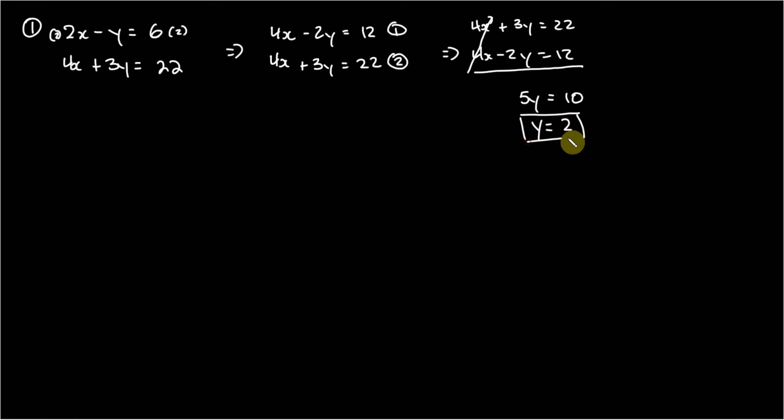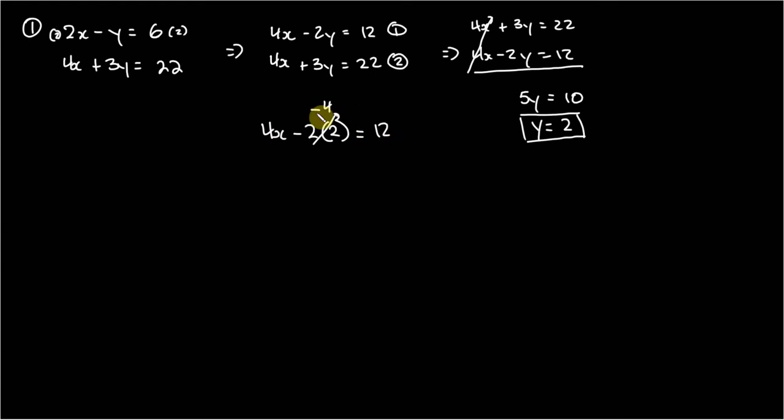Now that we have the value for y, we can very simply find the value for x. We're going to substitute y equals 2 back into equation 1, and so we have 4x minus 2 times 2 equals 12, and 2 times 2 is 4, so we have 4x minus 4 equals 12.